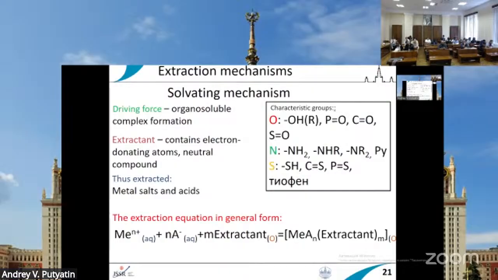Here you can see the metal in the aqueous phase, the counter ion for this metal, and the extractant in the organic phase. And after extraction, we have a complex compound also in the organic phase. It's important that for solvent extraction, we need a counter ion from the water phase, and without it, there will be no extraction. It's an important point. We will discuss it a bit later.